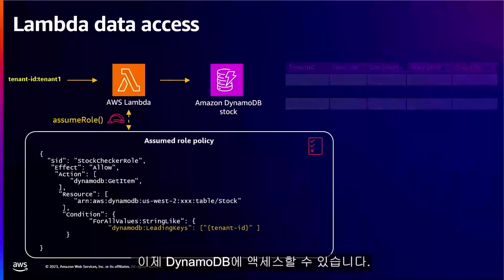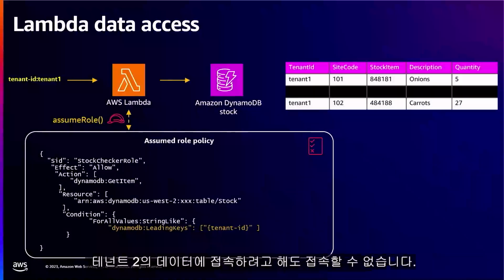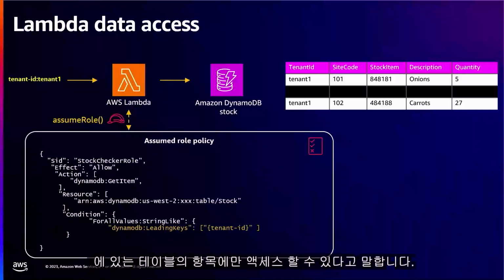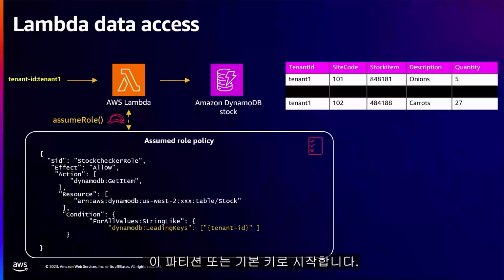Now we can access DynamoDB, and even if we try to access tenant 2's data, we can't. This is using a specific condition in IAM for DynamoDB called leading keys, which essentially says you can only access items in the table that start with this partition or primary key.